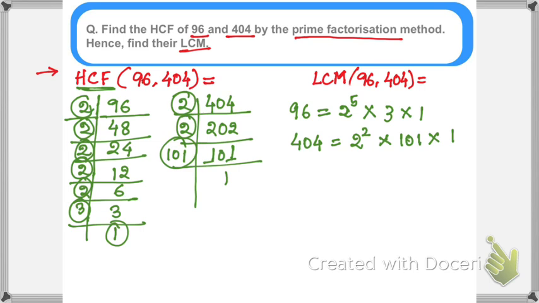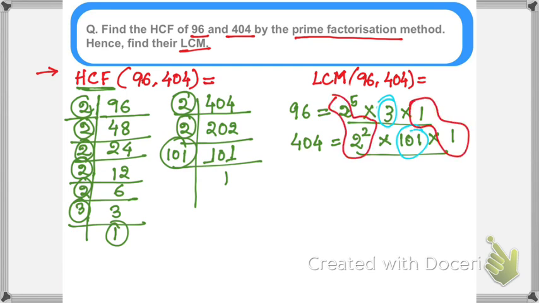So the highest common factor between these two, first we'll find out the common factors. 3 is not common between them. 101 is also not common between them. So the common things that we have between both of them are 1 and 2.